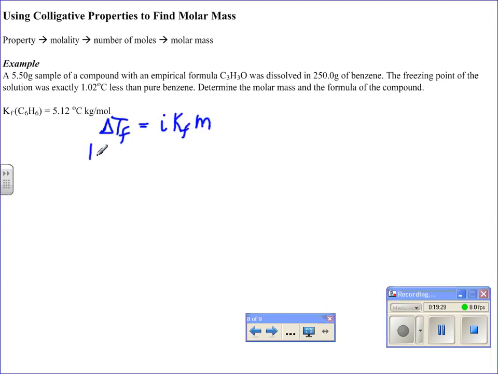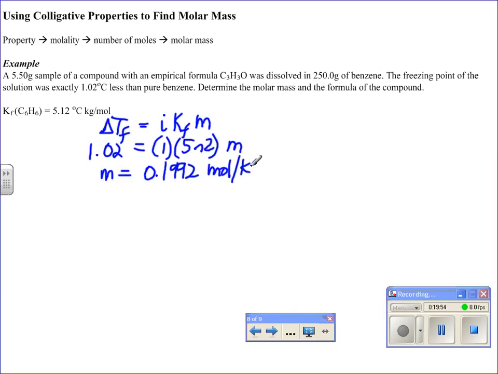And knowing the freezing point depression is 1.02, knowing the i value for the molecular compound is 1, and the freezing point constant is 5.12, we can determine the molality of the solution that was prepared. So the molality of the solution that was prepared was 0.1992 moles per kilogram.